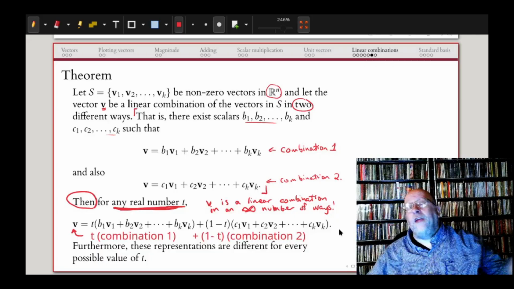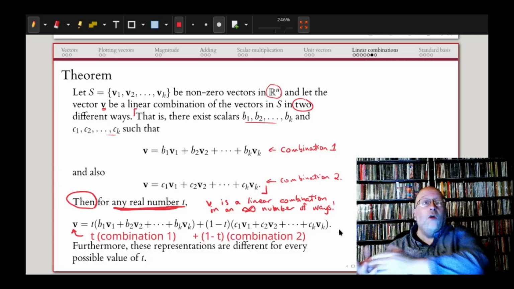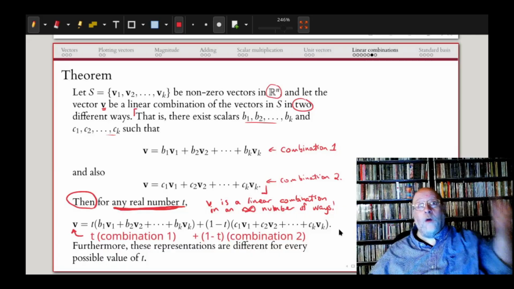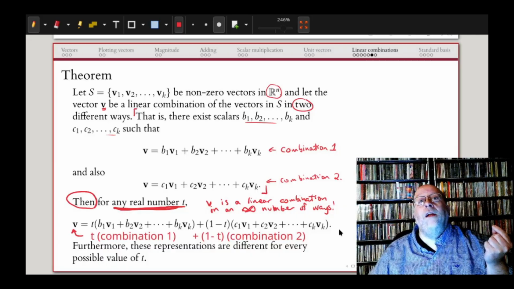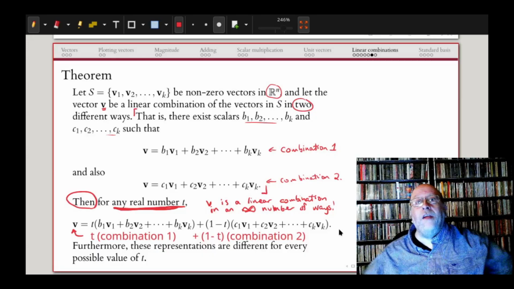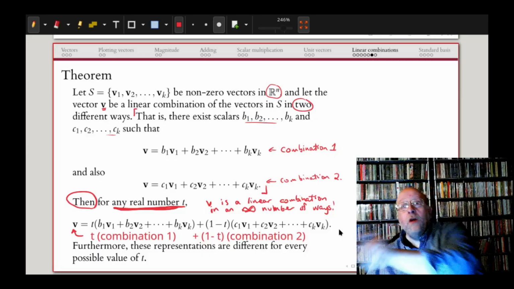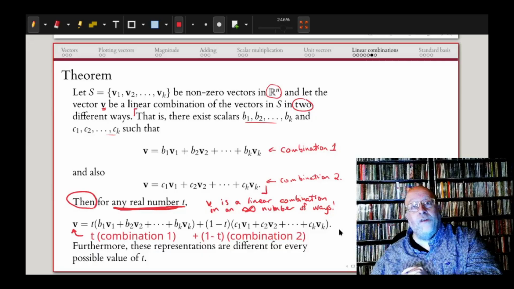Which linear combination would be cheapest to build? We have an infinite number to choose from. We can choose the one that is the cheapest. Or which one is the most energy efficient? We have an infinite range to choose from. We can choose the one that's the most energy efficient.